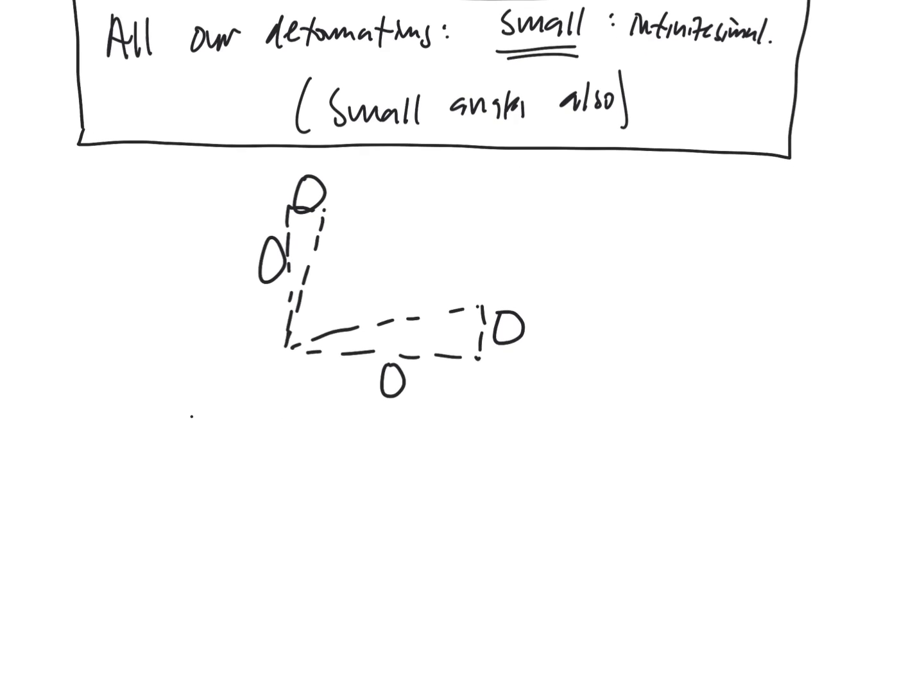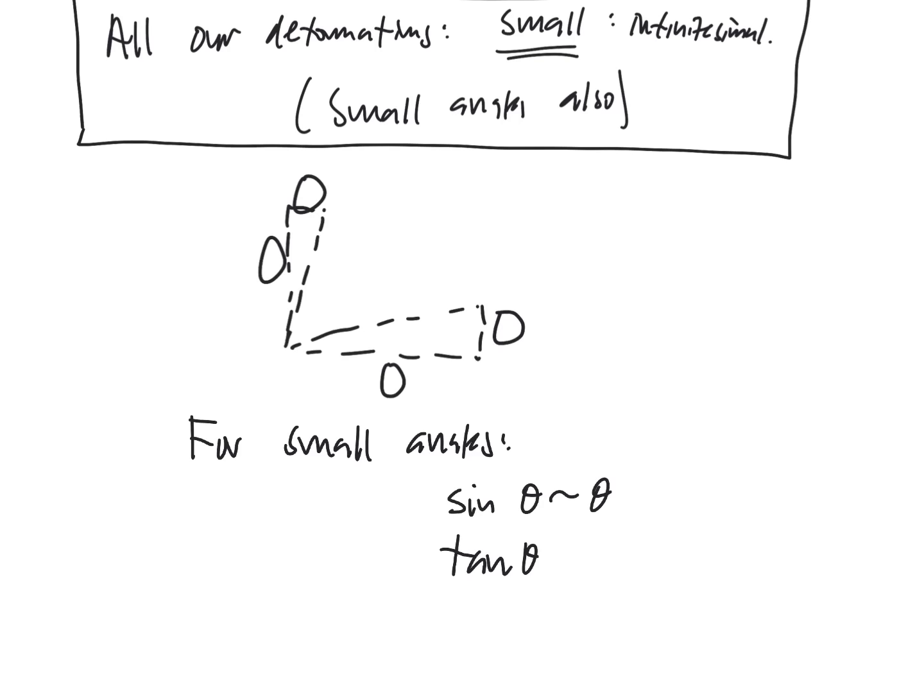So recall for small angles, what happens? Well, first off, remember sine of theta is approximately equal to theta. Tangent of theta is basically equal to theta. And the cosine of theta is basically equal to 1. So in this case, we're going to use this one.